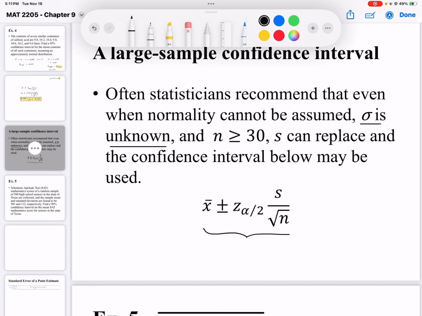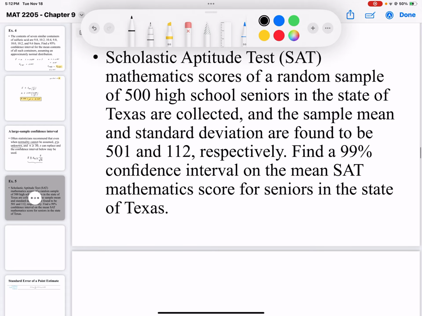And it's just important that you know there are a lot of similarities between the formulas, but there are also characteristics of when you can and cannot use a specific formula. So if I have an n greater than 30, often, even when I can't assume normality, I can use the normal distribution. It may be used. So let's use it now.